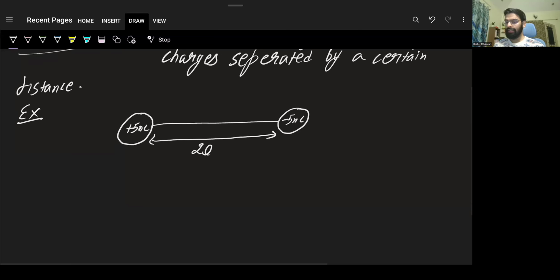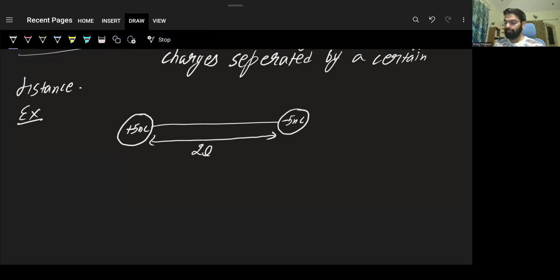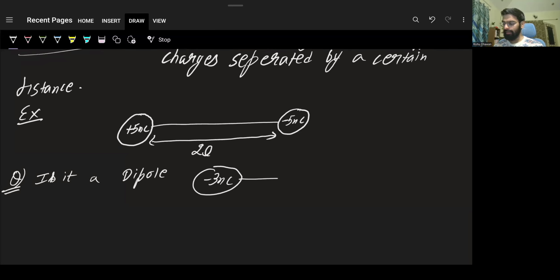Now, if I ask you just a very small question. Is it a dipole? The figure is minus 3 nanocoulomb and 5 nanocoulomb. Does it represent a dipole?